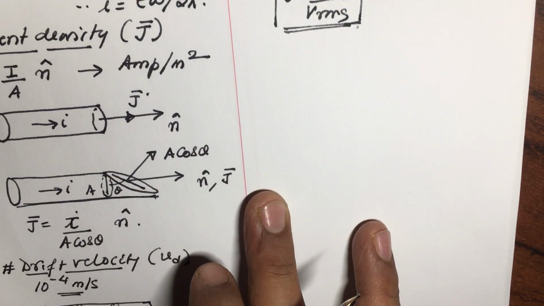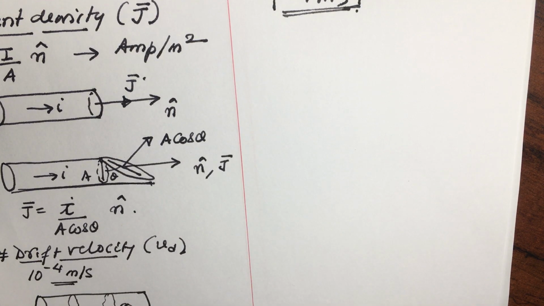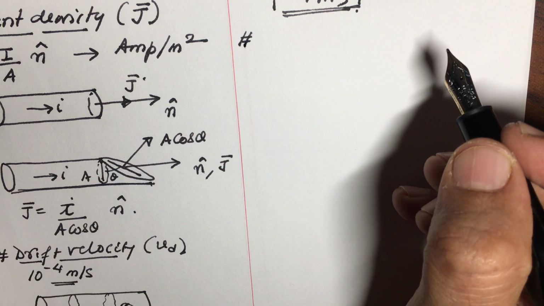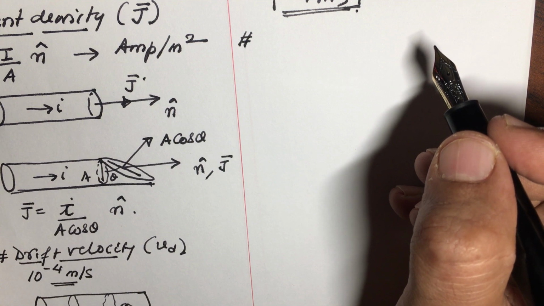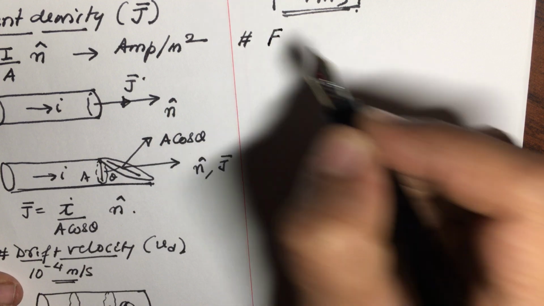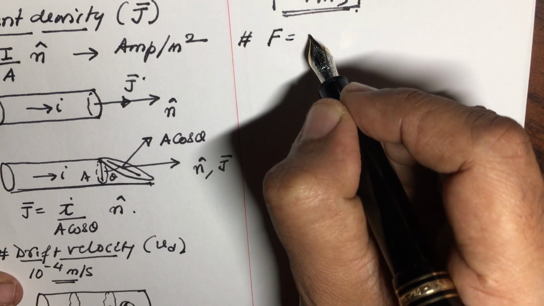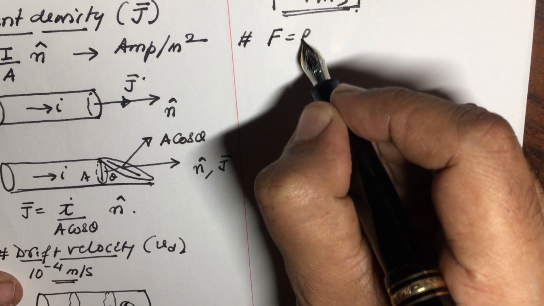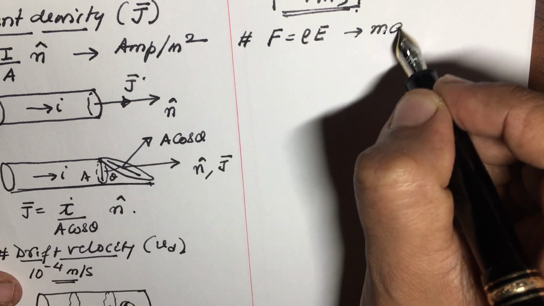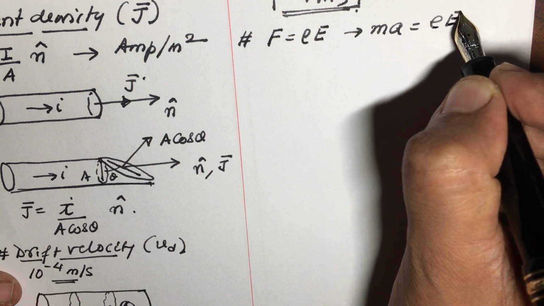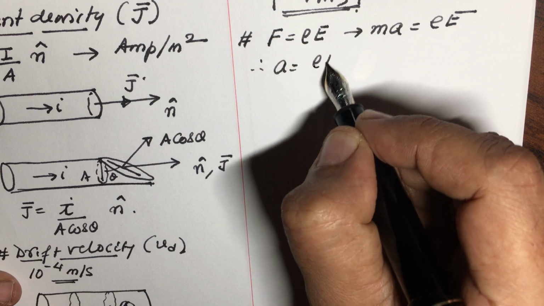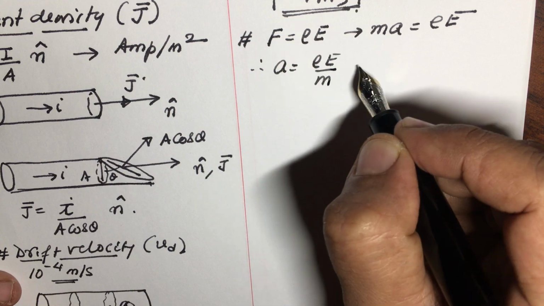Now, when you have a charged particle in the presence of a potential, there would be an electric field. If there is an electric field, then there would be a force acting on it, and that would be F equals charge, let's say it is an electron, so e into capital E, which we can rewrite as m a equals eE. So therefore we have a as eE by m.